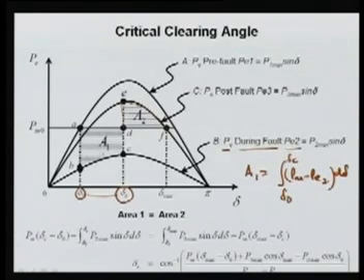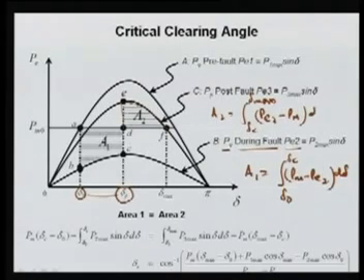So this is your area A1. Similarly, your area A2 will be the integration from delta C to delta max of, for the post-fault curve, the C curve, PE3 minus PM d delta.